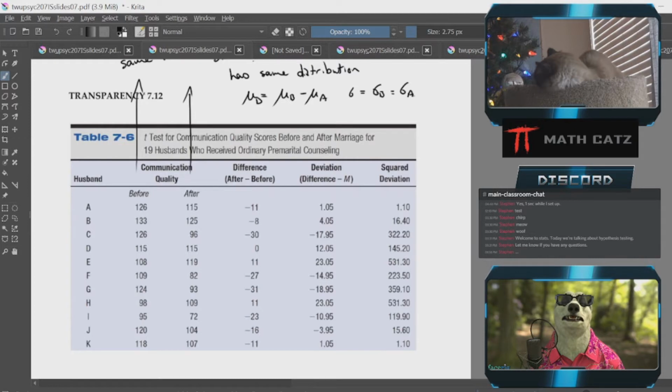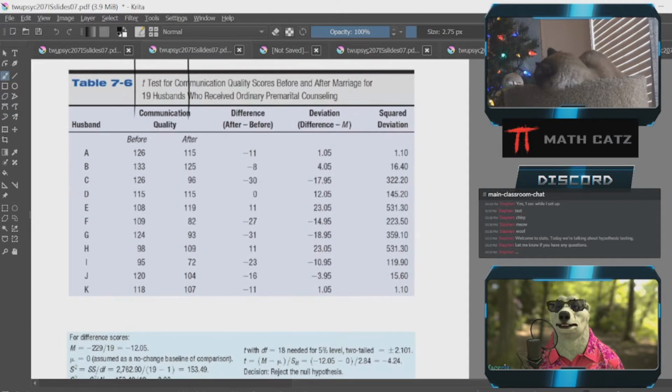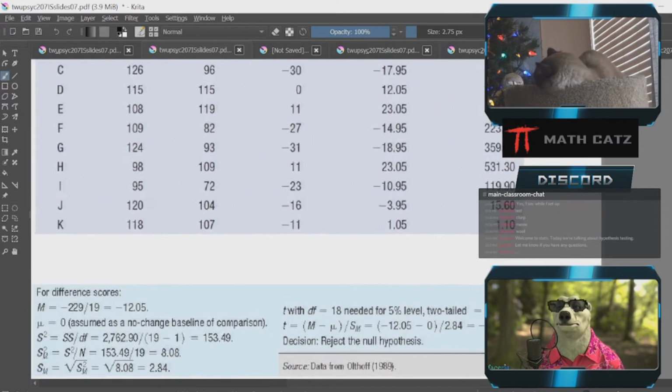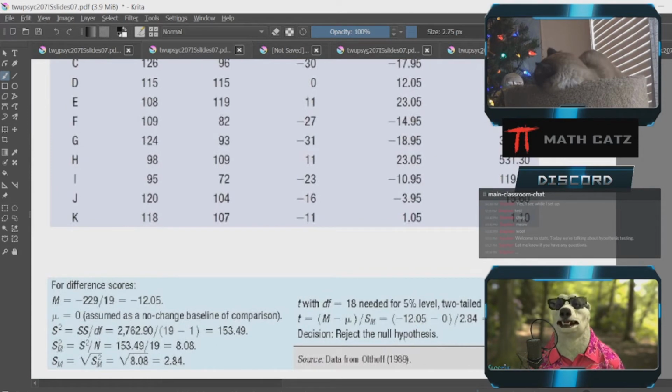Calculate all the difference scores here, and then we want to calculate the deviation from the mean. We calculate the mean here. Let's see at the bottom here. It's a little small. Let's see if we can zoom in. We're looking at the mean, negative 12.5, by adding up all the difference scores.